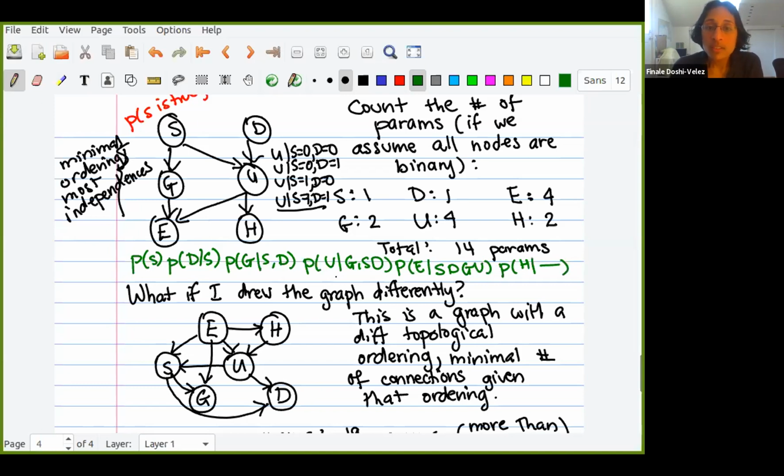So if I chose this ordering to write out my conditionals, then I can start simplifying. I can see that guy goes away. This guy goes away. When I'm doing U, G goes away. When I'm sampling from E, then my S and my D go away, right? So I wrote down a particular ordering in which I wanted to write down my conditionals, and this graph told me that I can get rid of a bunch of variables. I can make things a lot smaller.